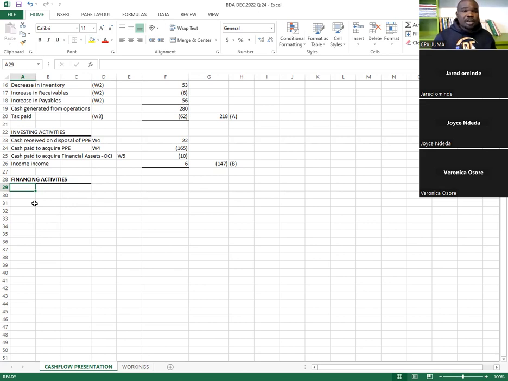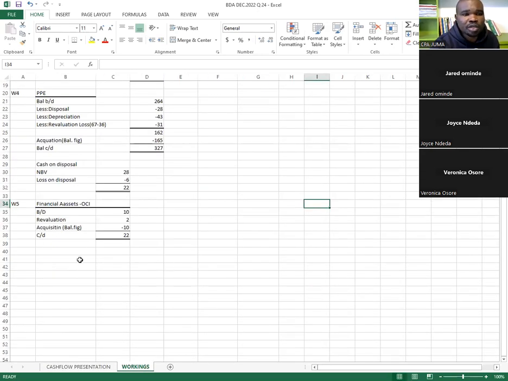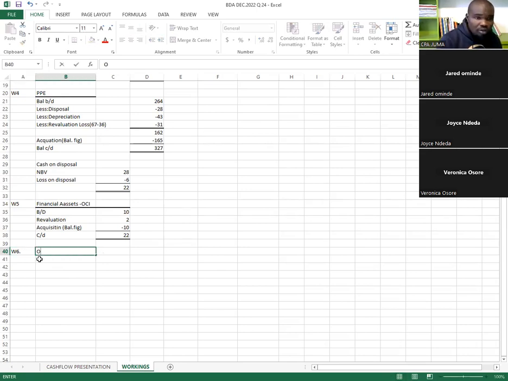The first one is ordinary share capital. Please have a quick working for ordinary share capital. So working 6. I want to beat time as well. So ordinary shares. You say balance brought down.